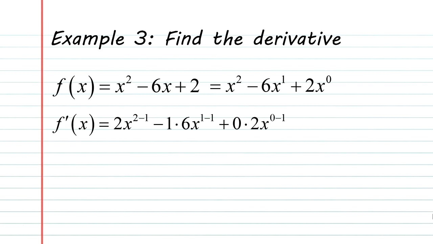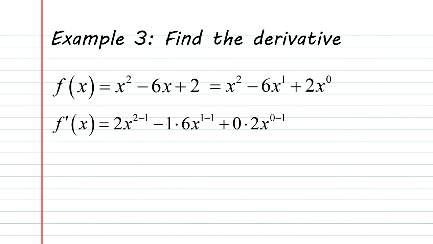So the derivative f prime of x will be equal to, right? So just by applying our rule, we will multiply 2 by the coefficient of x, which is 1. So that becomes 2x raised to the power 2 minus 1. Subtract 1 from the power. For the next term, 6x to the power 1, if I take the derivative, it'll become 1 times 6 times x to the power 1 minus 1.